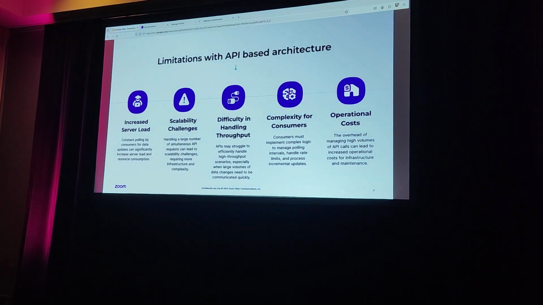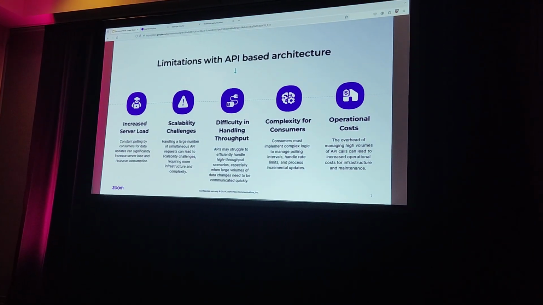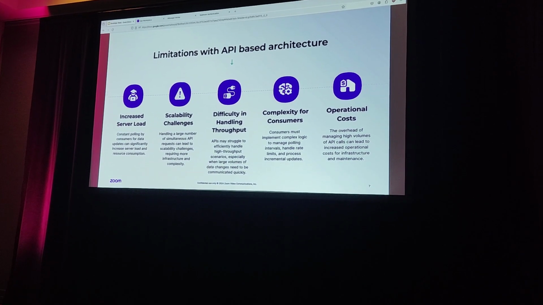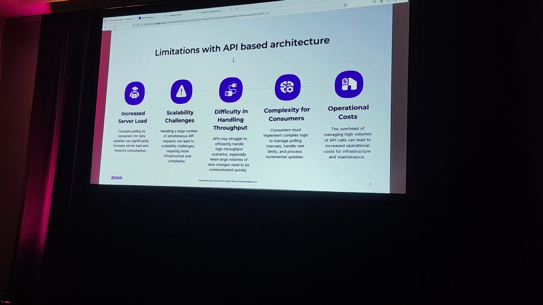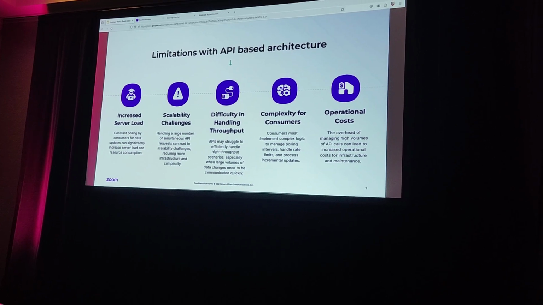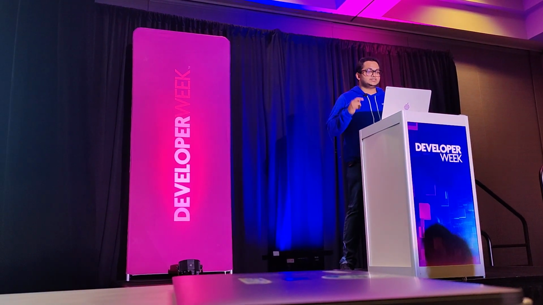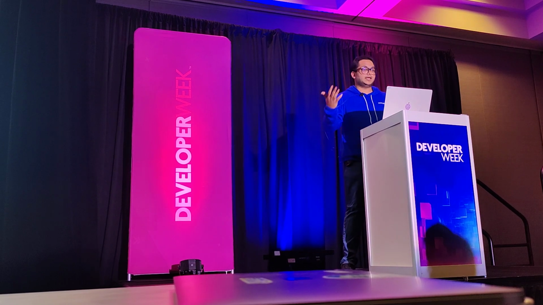The API call that I was making was just normal data. But imagine if you want to give someone real-time dashboard analytics. Managing all of that with the API-based architecture can be challenging. Basically, all of the challenges that I've mentioned here underscore the need for more efficient and scalable solutions like event-driven architecture to address the evolving demands of the digital ecosystem.